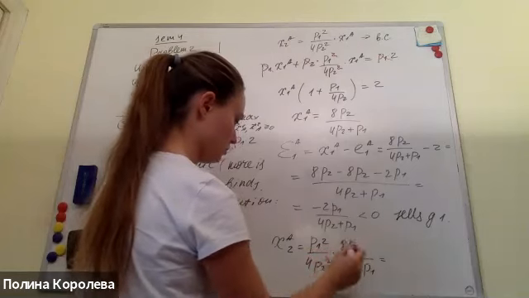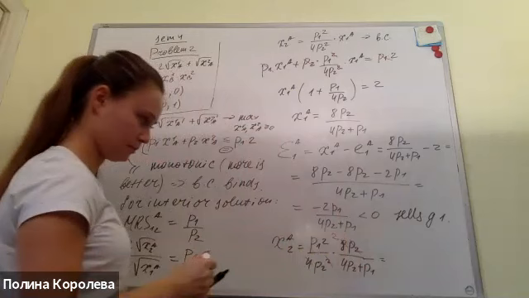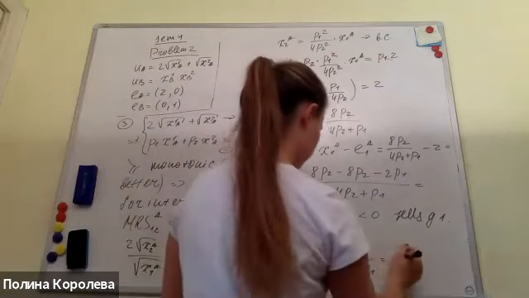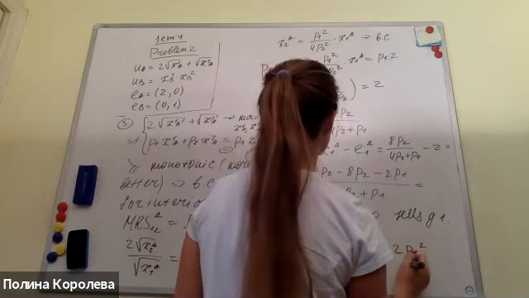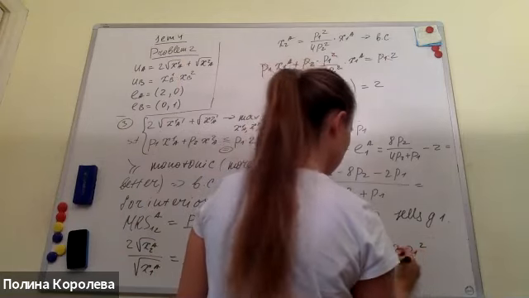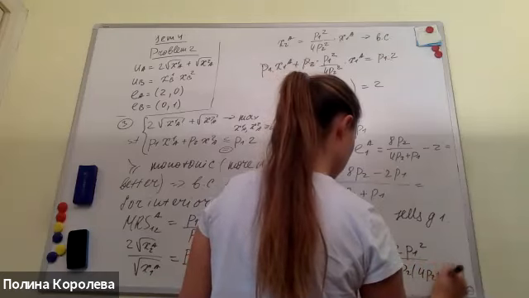So here 4, here 2. So this will be 2P1 square divided by P2 multiplied by 4P2 plus P1.